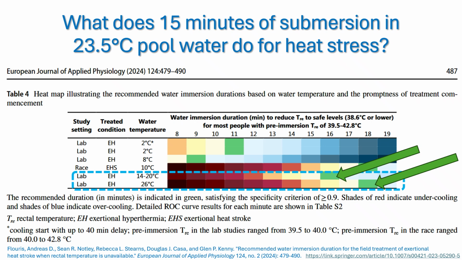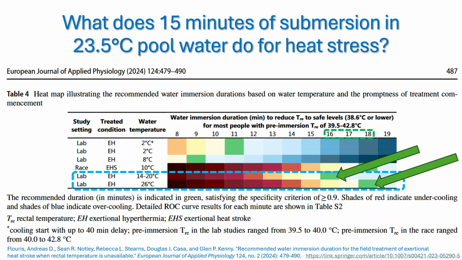And you'll see here the green boxes are for 2 different scenarios. One is being overexposed to heat and cooling off in water that's between 14 and 20 degrees Celsius. And the other scenario is overheating and then being cooled down in water that's 26 degrees Celsius.